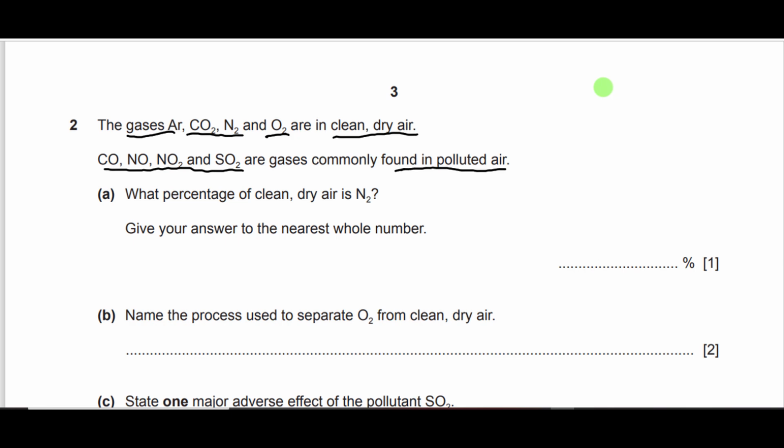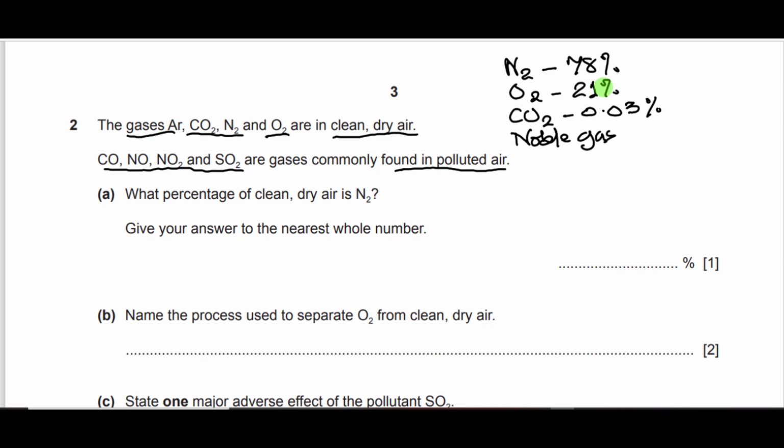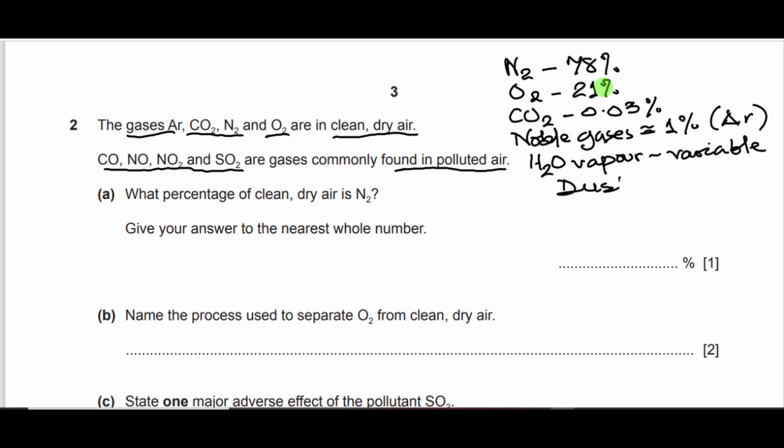So what is air? Air is a mixture of gases, and the constituents of air are nitrogen, which is 78%, oxygen, which is 21%, carbon dioxide, which is 0.03%, noble gases, which is approximately 1%, of which argon is the most abundant in the atmosphere, and water vapor, which has a variable proportion in the air, and then you can also have dust particles.